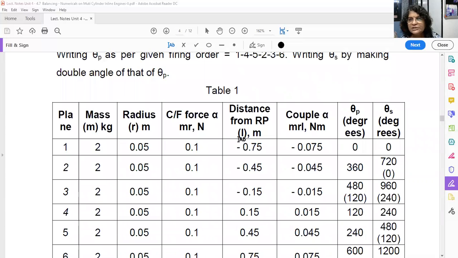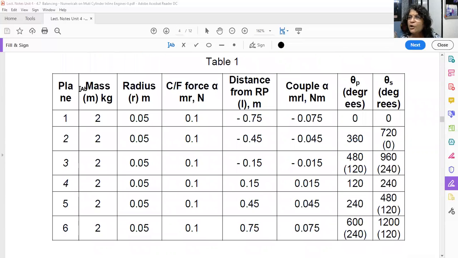Okay, now let us write down the table. Okay, so what is this normal table? All columns are same. As I told you, in every problem these columns are same. Okay, so let us write down first column, that is plane. As there are 6 cylinders, there will be 6 planes we have to consider. Then mass of each cylinder is 2 kg for all 6 cylinders. Radius of the crank is 0.05 meter.